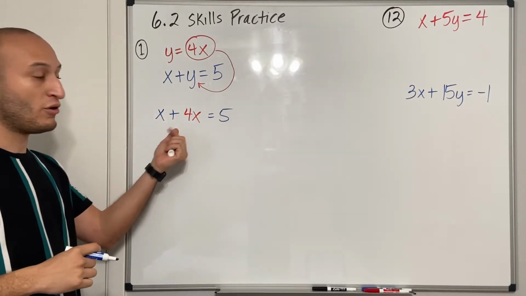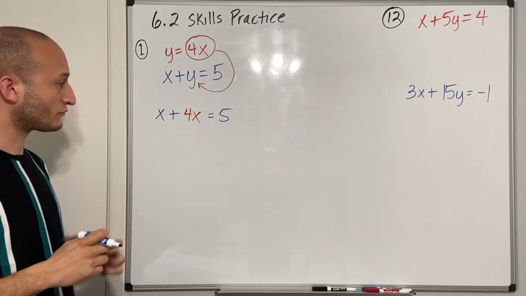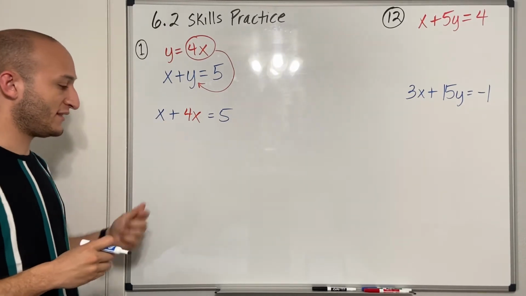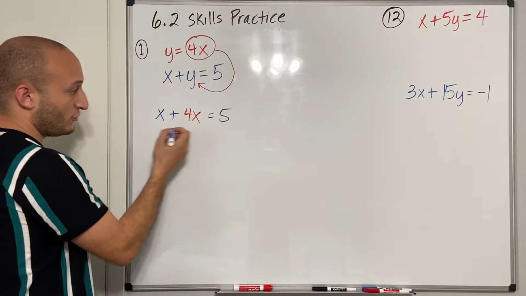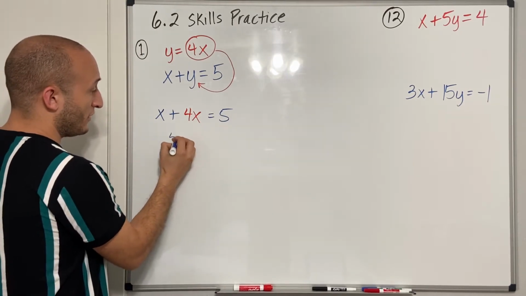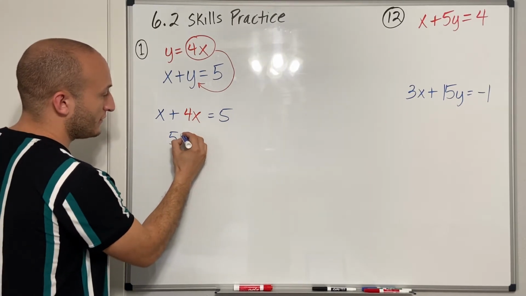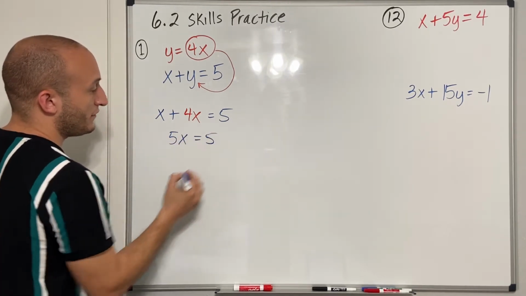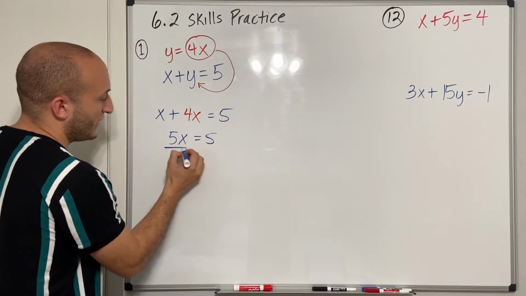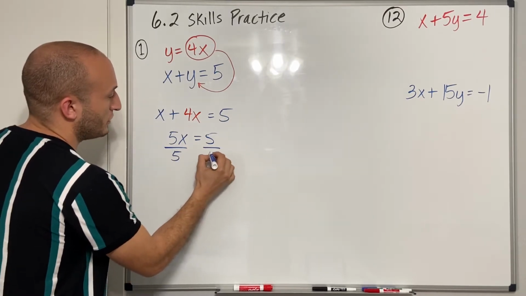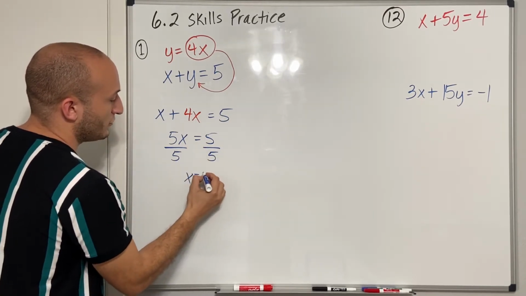Therefore, both variables are the same variables. So here I'm gonna have an x plus a 4x, that equals 5x equals 5. I'm gonna divide both sides by 5, and I get x equals 1.